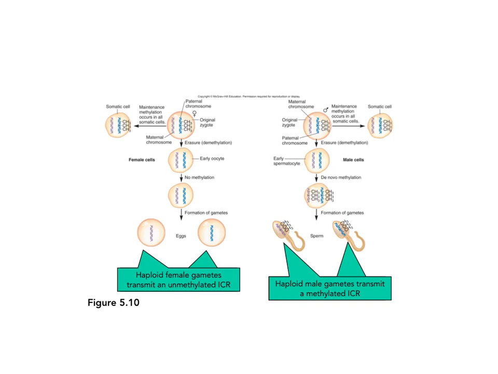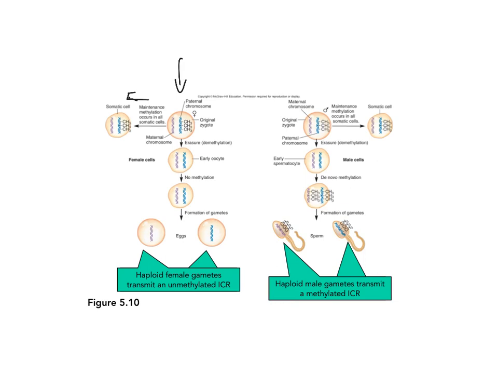So let's look at what we have here. In this situation, the paternal chromosome is the one that's methylated. So in somatic cells, that pattern is going to be maintained. This is referred to as maintenance methylation in all the somatic cells as you go through successive cell divisions to build an organism.